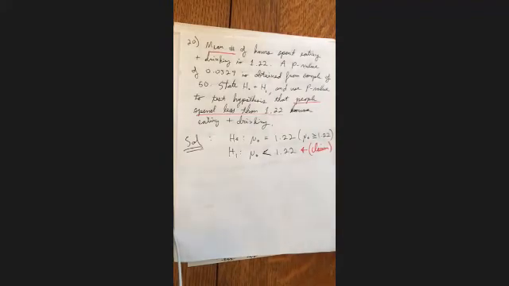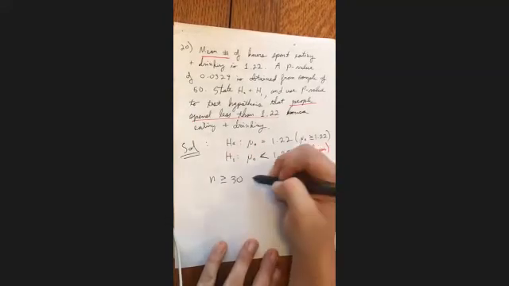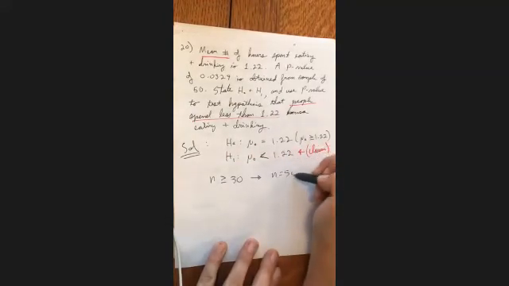But what's fortunate for us in this problem is that we don't really have to navigate that because they've just handed us a p-value to use. The only thing that we need to be careful about is making sure that we have a sufficiently large sample size to conduct the test. So we know that the sample size must be greater than or equal to 30. And we know that our sample size is 50. So we're good.